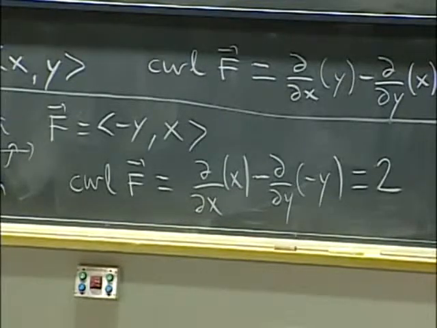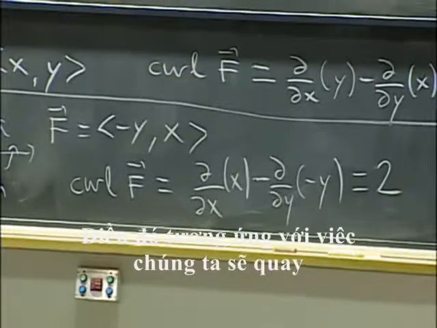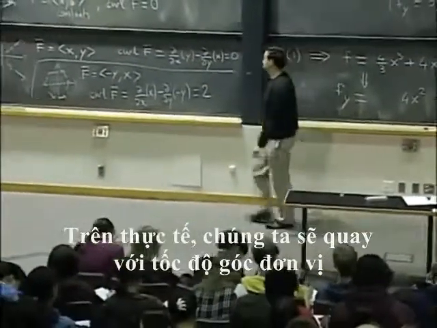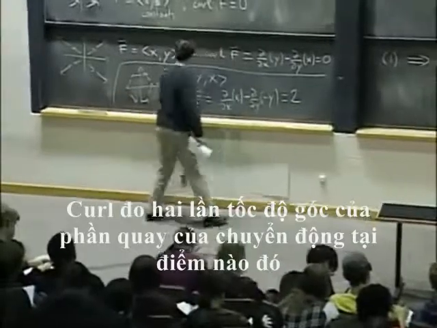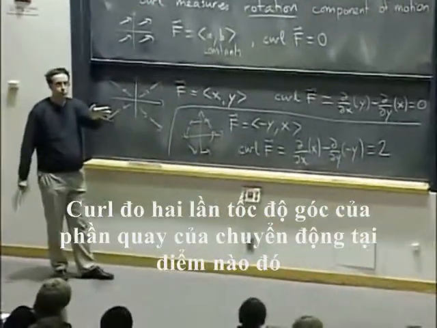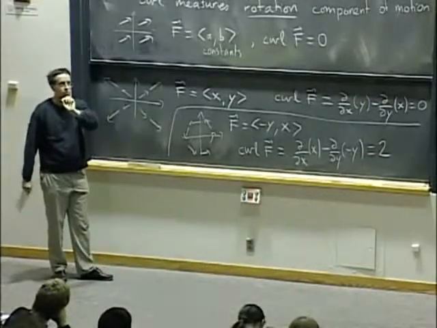And that corresponds to the fact that we are rotating. Actually, we're rotating at unit angular speed, so the curl actually measures twice the angular speed of the rotation part of a motion at any given point.